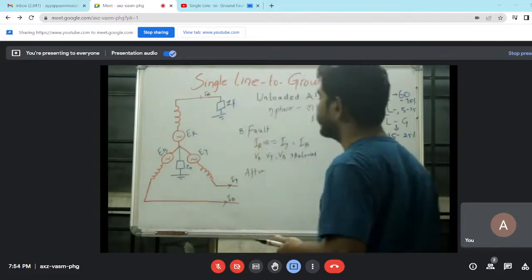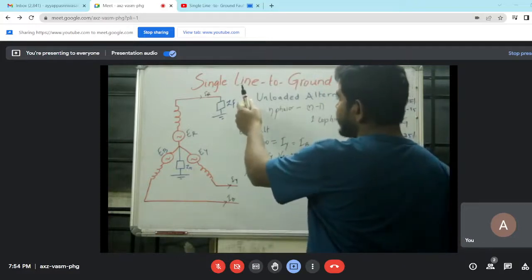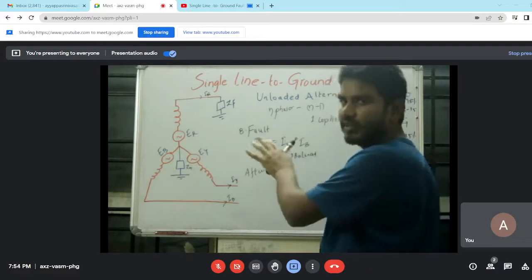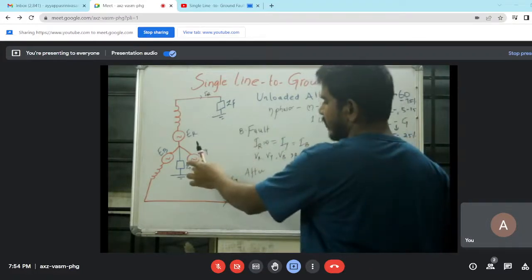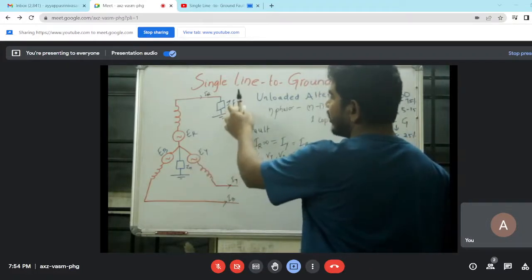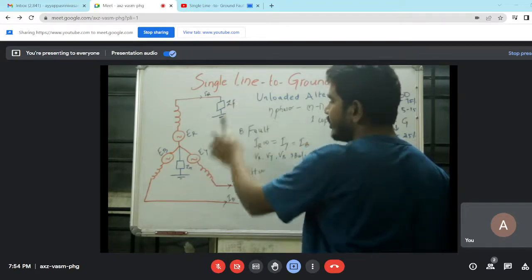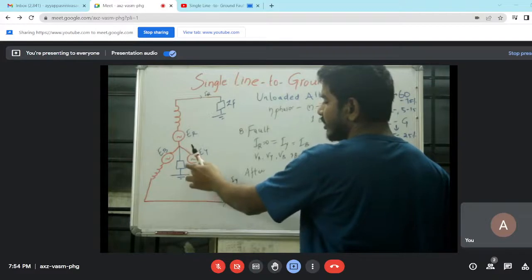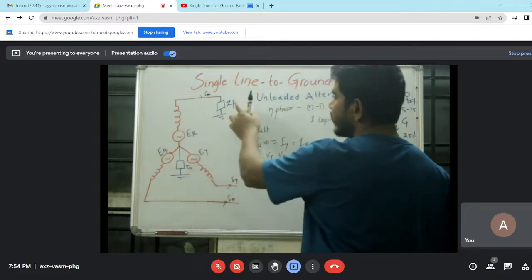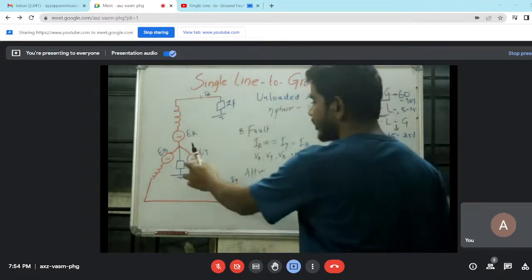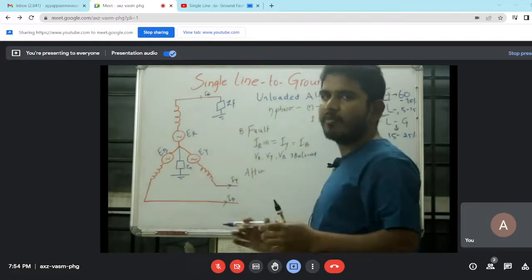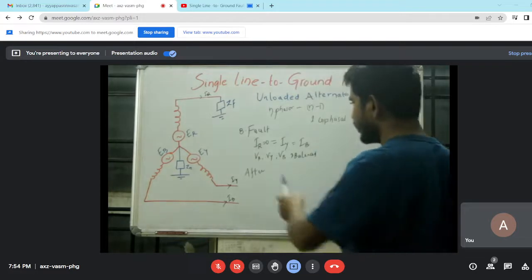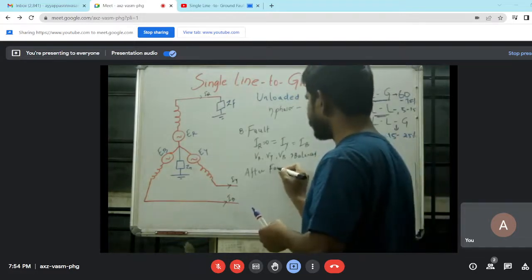You may consider this ZF or Zn according to the circumstances you are having. It may be solidly grounded simply. Here also you can ground it solidly, and when you ground them solidly, there is no presence of Zn or ZF here. But I am considering Zn and ZF so that we can have a broader outlook on the equations as well.